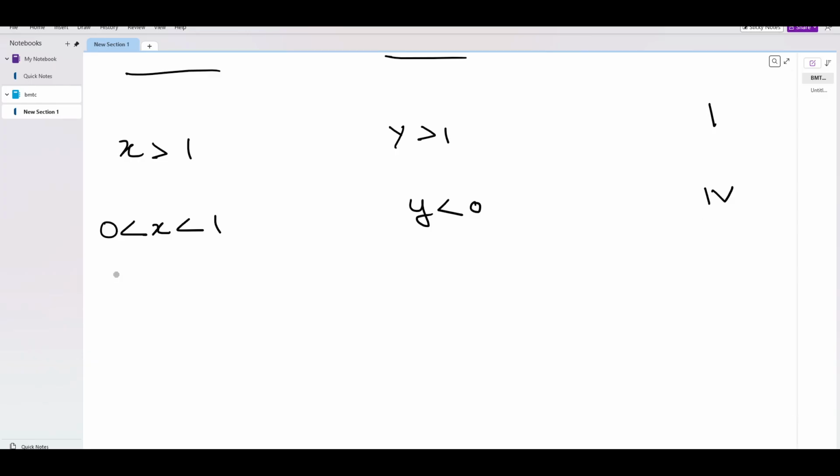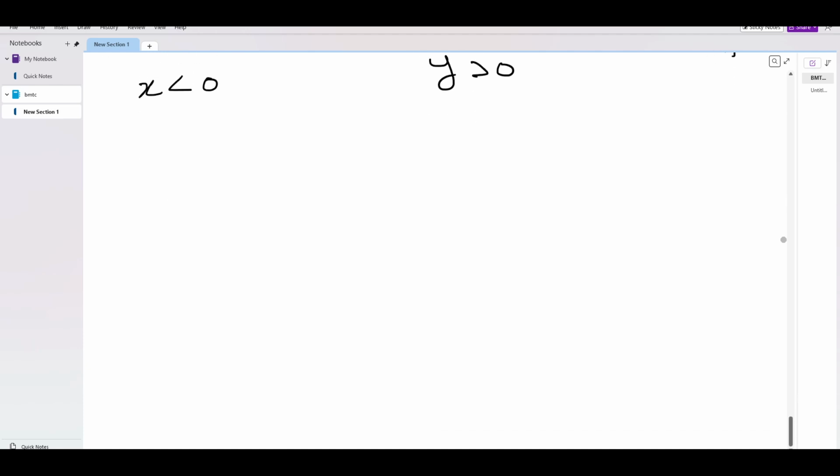When x is less than 0, the sign of y is greater than 0, it is the second quadrant.